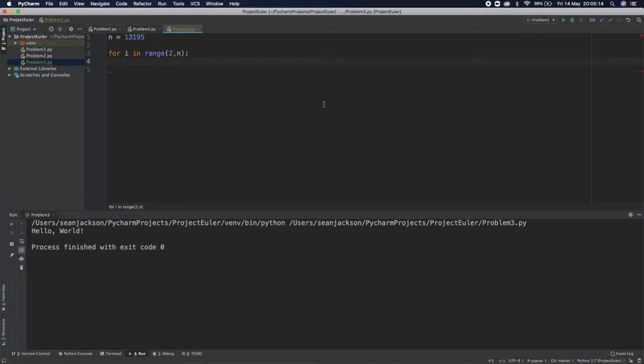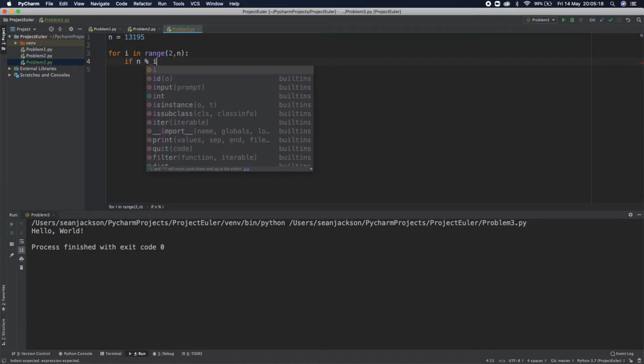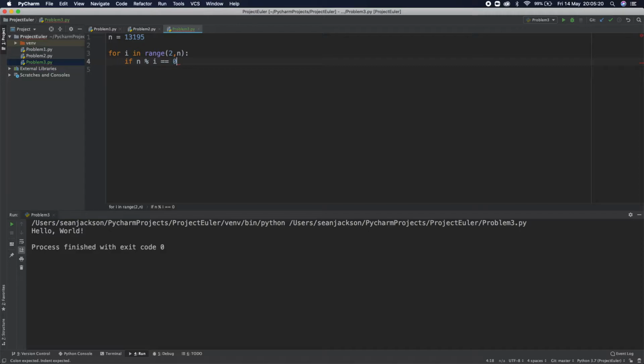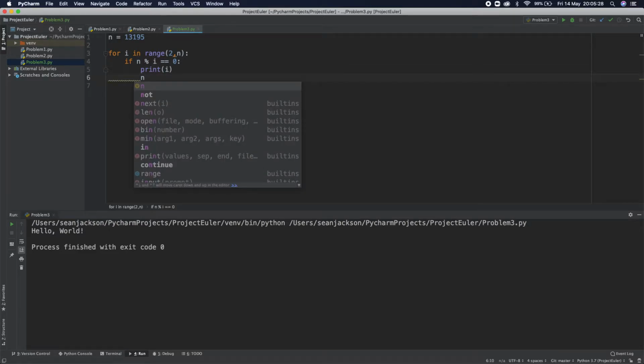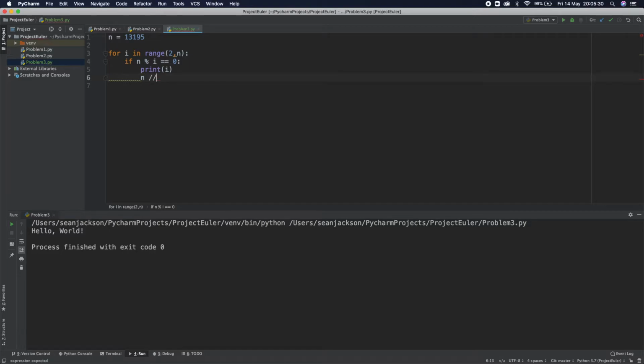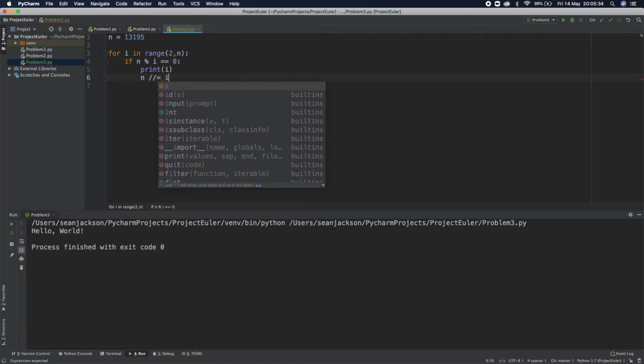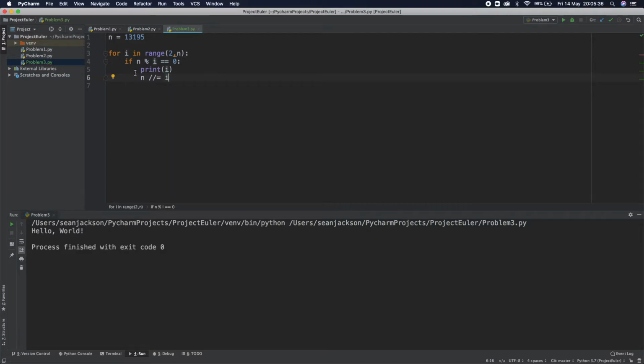So if n is divisible by i, then we want to print i, and then do n integer division equals i, which basically means it's going to divide n by i.